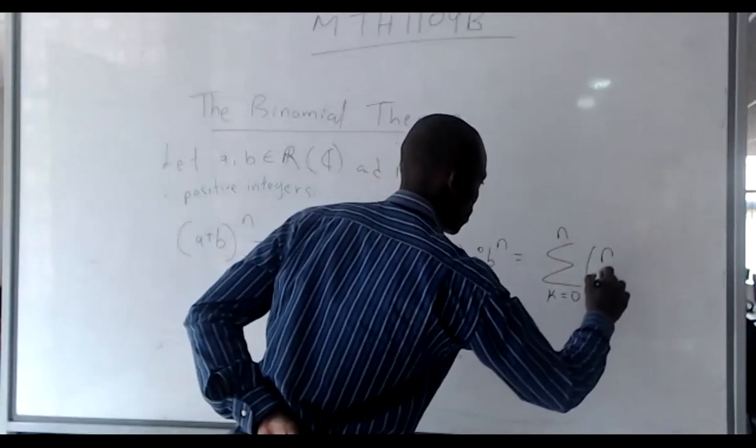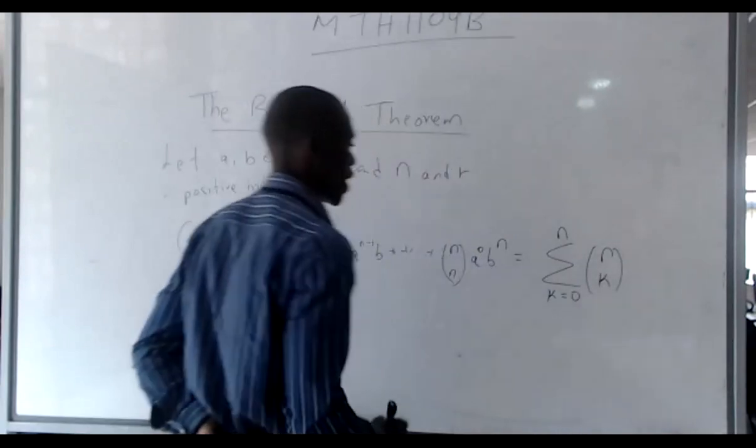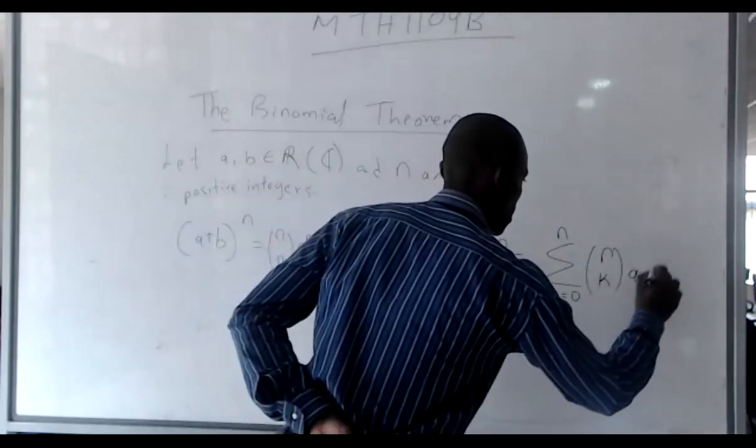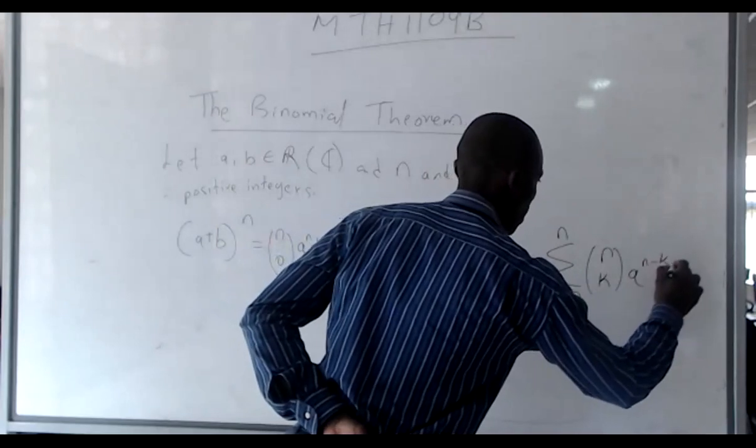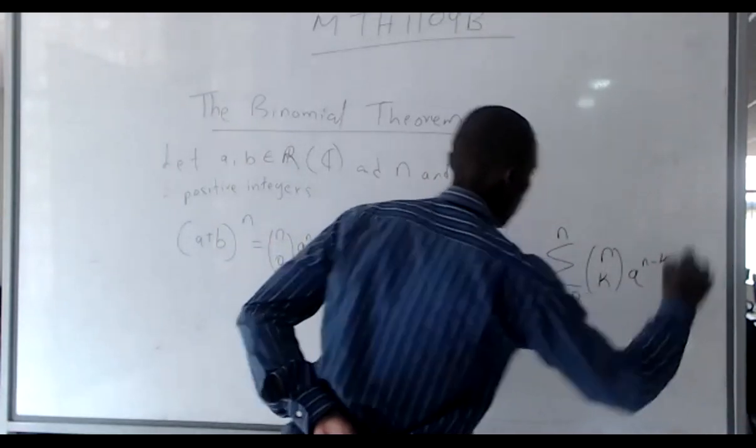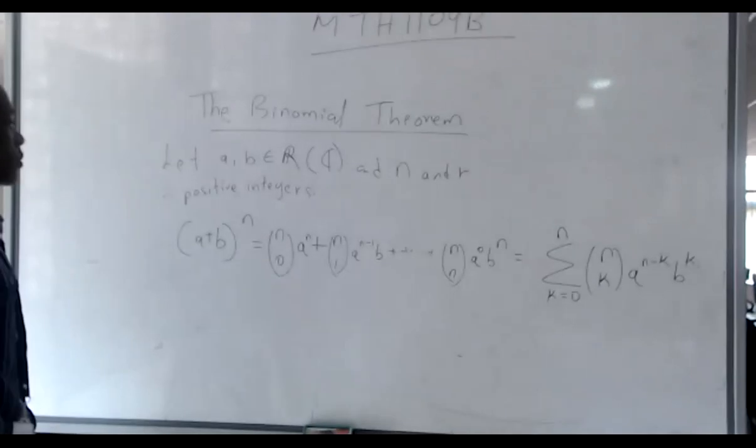We're doing this over the index k, so n combination k, and then a raised to n minus k, b raised to k. This is the famous binomial theorem.